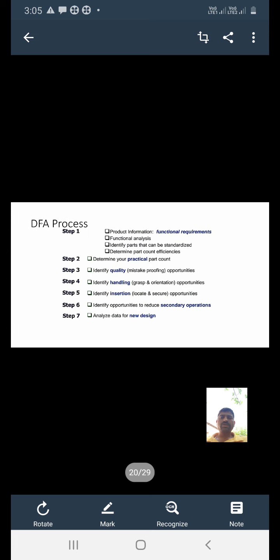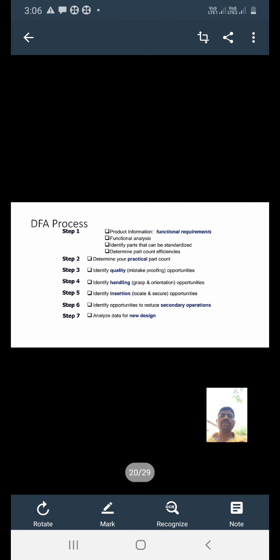DFA process. Step 1, see what you should do in process 1. First is product information, then what is the functional requirement in the product information. Once you have completed that, then you should go on to the functional analysis of that product.